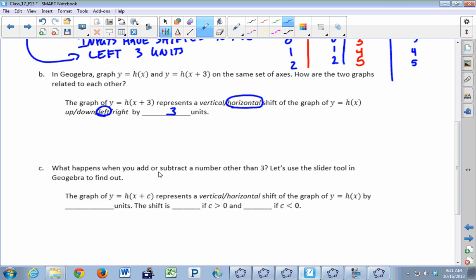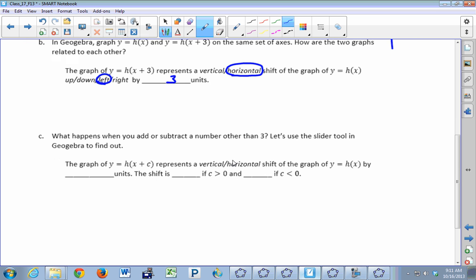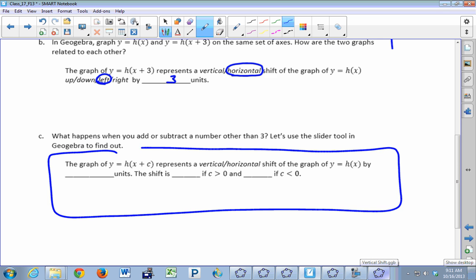What happens when you add or subtract a number other than 3? Here's where we write our general case. This is good for your cheat sheet. If the graph of y equals some function of x plus c, because you're working inside, it affects your x values. Just think on your graph, where are your x values? They're along your x-axis.